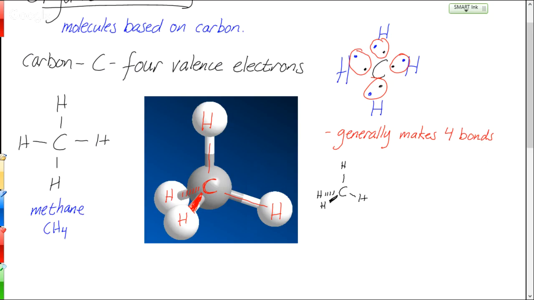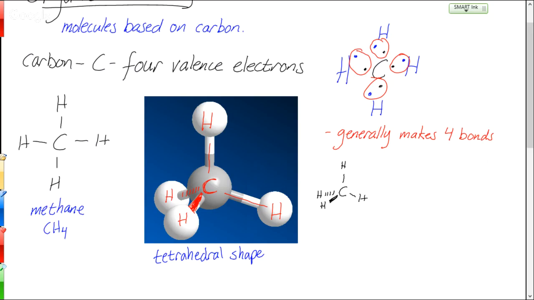But the key takeaway here is that carbon is in this particular shape, which is called a tetrahedral shape. Each of those hydrogens is at the corners of a solid called a tetrahedron, kind of like a pyramid with a triangular bottom, where they're all equivalent.